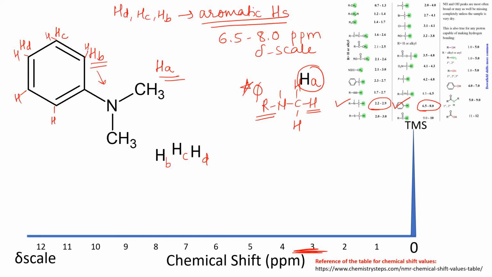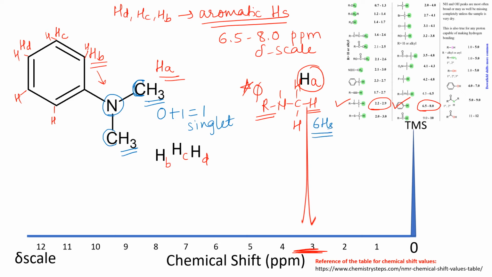Now the peak of HA, if we focus on HA, these six hydrogens are present on this carbon and this carbon, and these two have adjacent to them this particular atom on which there is no hydrogen, so no hydrogen on the adjacent carbon, so 0 plus 1, this is the n plus 1 rule, so we should get a singlet for HA. So a long singlet for HA, because it represents 6 hydrogens.